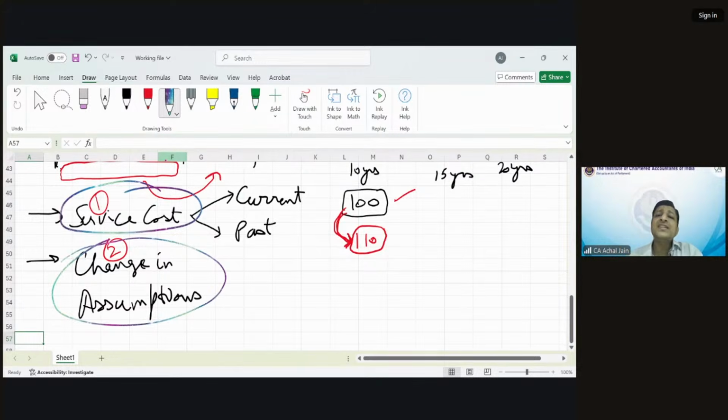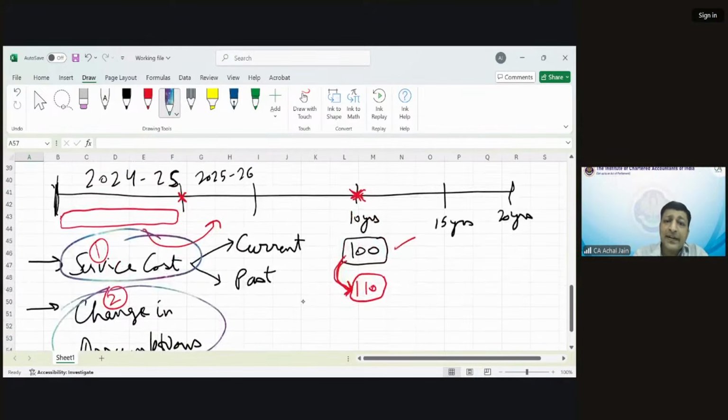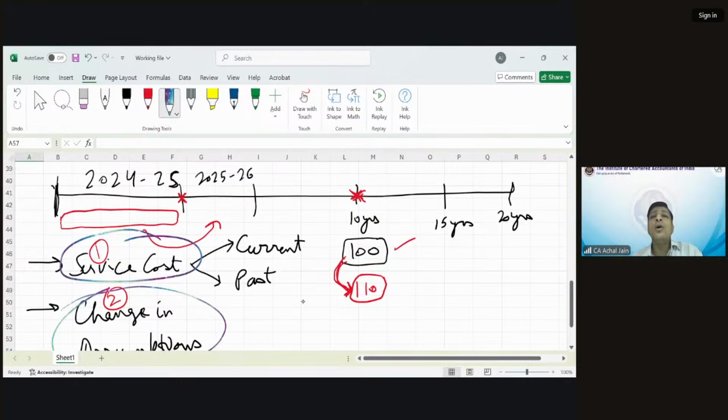But one thing is for sure, that because it's an amount which is required to be paid after a long period of time, as on today, we don't know with 100% accuracy what will be the amount paid.